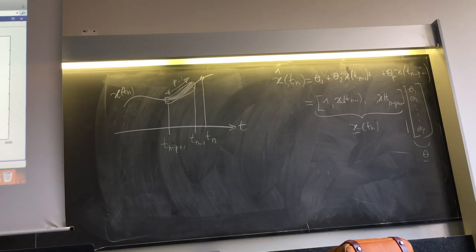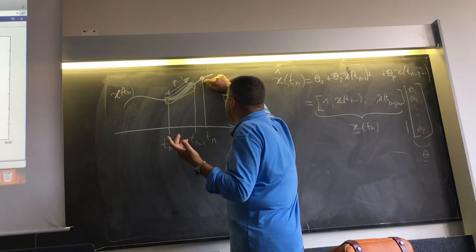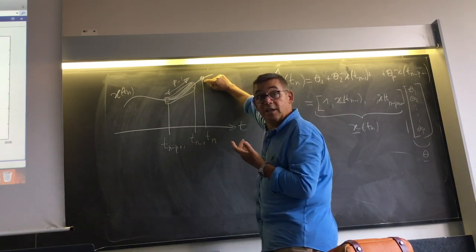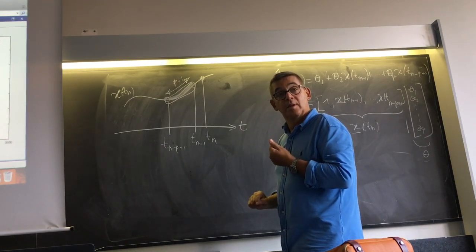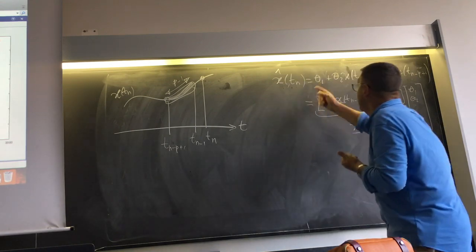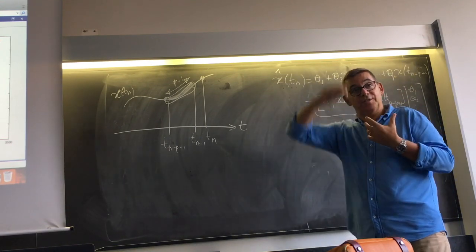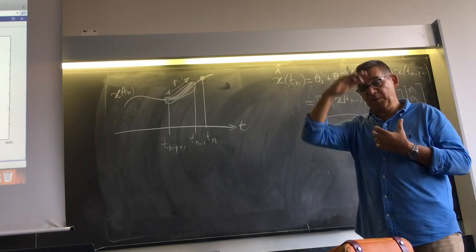Then theta 2: why did you multiply by x at tn minus 1? Because I need to predict the value here, and I'm using all the past. The one right behind it, for tn minus 1, is theta 2. Theta 1 is a shift, a vertical shift.